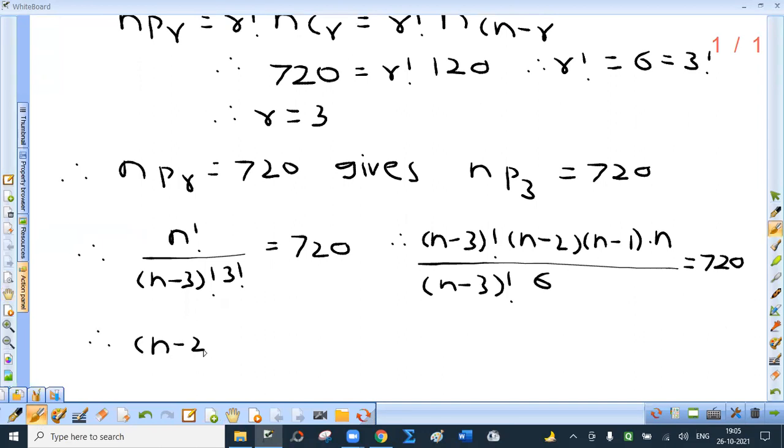So n minus 2, n minus 1, n is 720 into 6. Now what is the speciality of LHS? It is a product of 3 consecutive natural numbers. So can we express RHS also in that fashion? Yes, we can. See, 8 into 9 into 10.